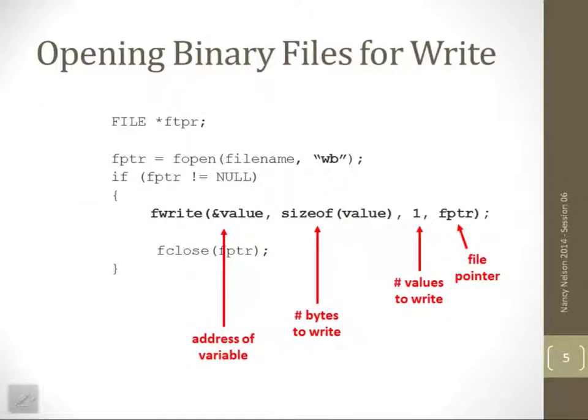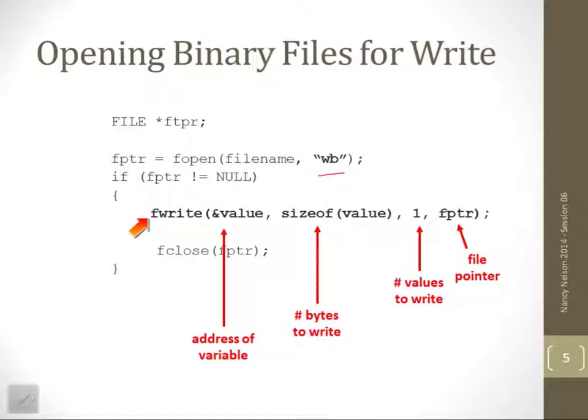The process for writing to binary files is almost identical. We start with our file pointer declaration. We open our file. Notice here we're writing to a binary file, so the B stands for binary, the W is for write. That gives us our file pointer. We check to make sure it's not null. Then we're at our write.